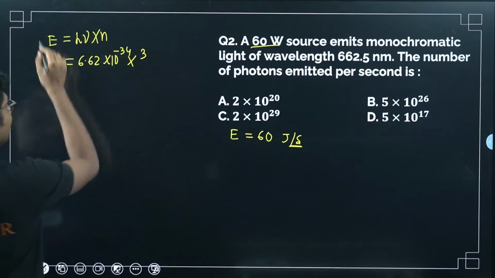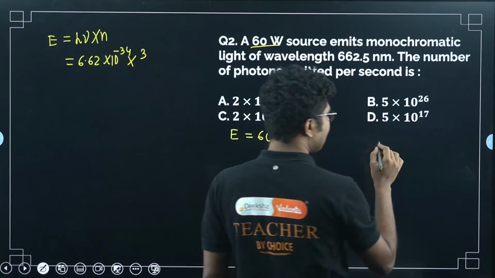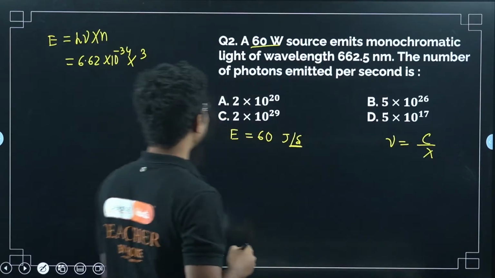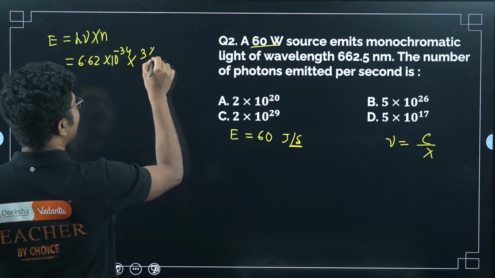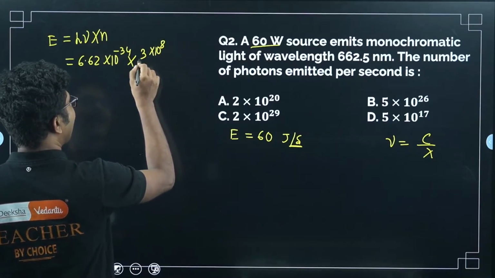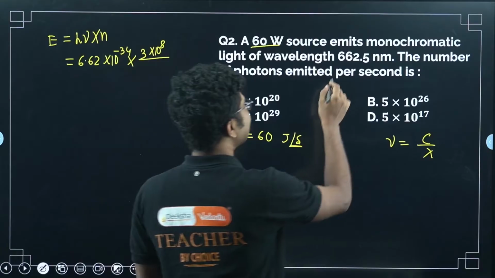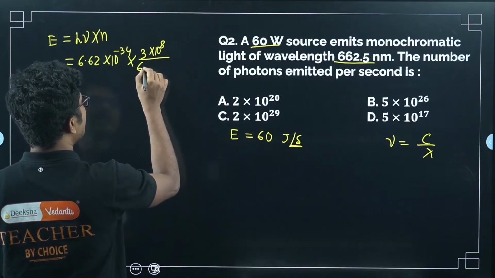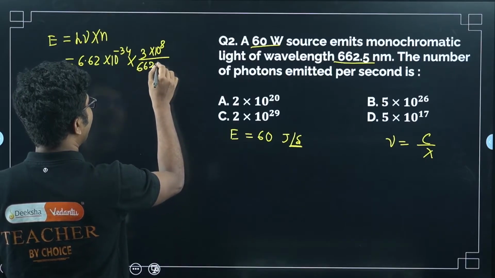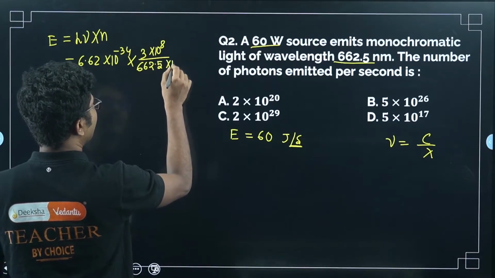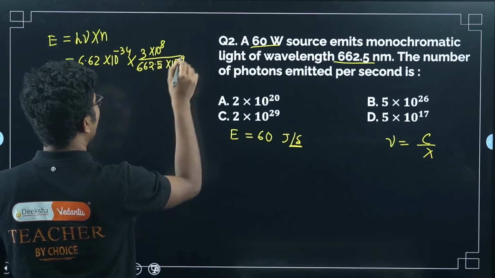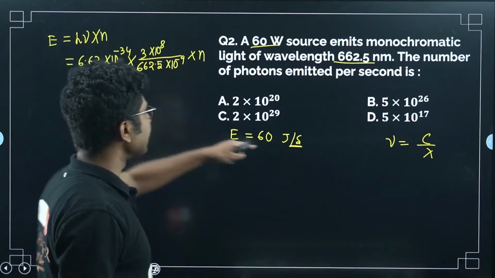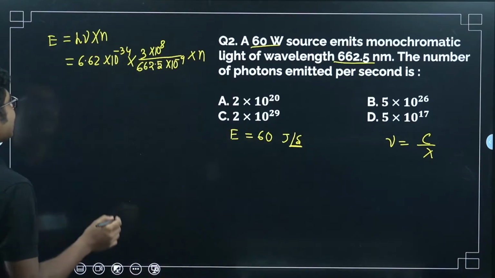Here c is 3 times 10 to the power of 8 and lambda is given as 662.5 nanometer, so it will be 662.5 times 10 to the power of minus 9, and times n. Now these two energies should be equal.